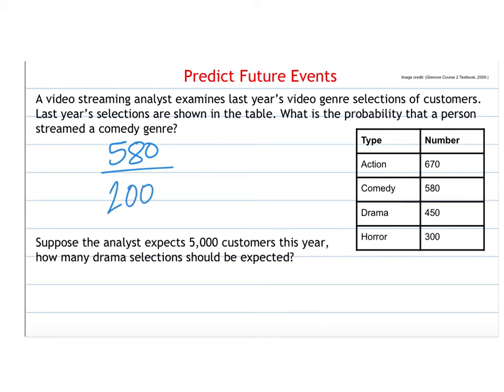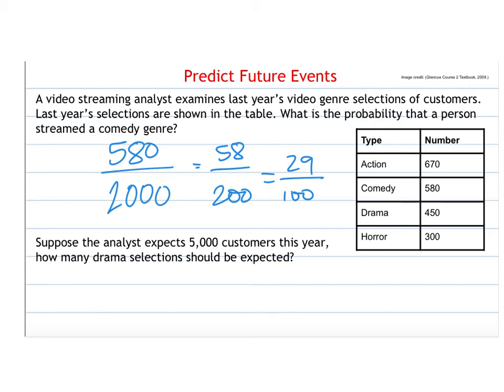Okay, and then you could simplify that. We could divide it by 10, which would make it 58 out of 200. And then I know they're both even, so we could divide them by 2 again. 58 divided by 2 is 29 over 100.